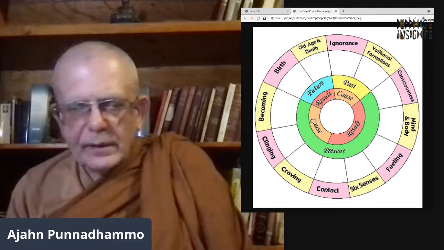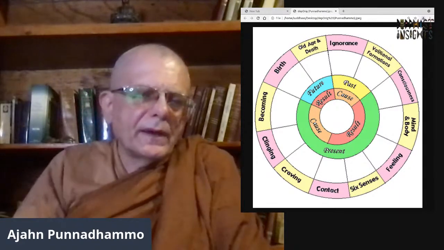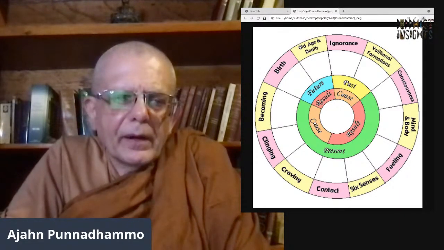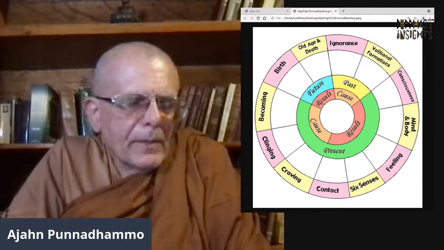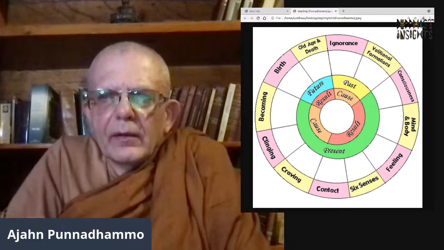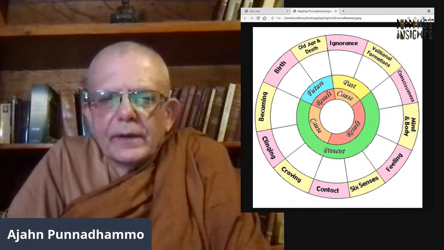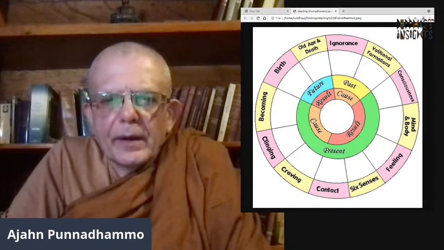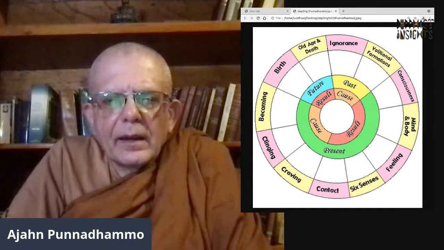So this type of tanha is the noisiest or the predominant one at our level, but actually it's superficial relative to the other two. It's kind of the froth on the top, but underlying sense desire are the desire to be and to not be.